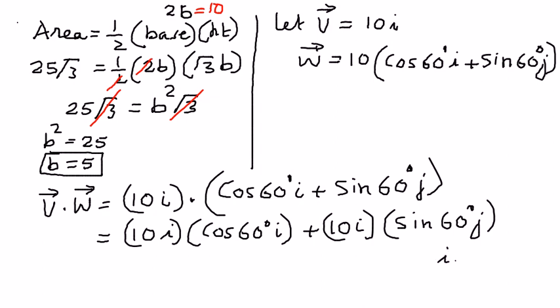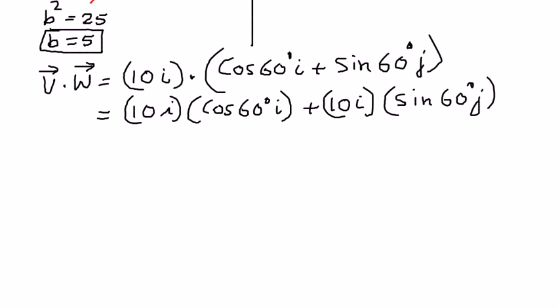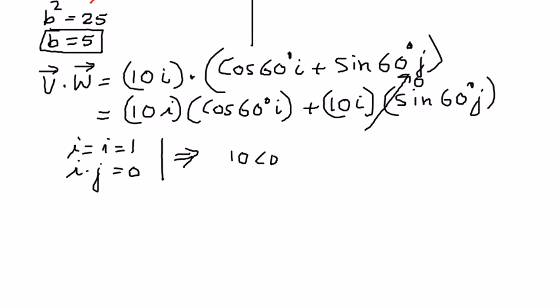Since we know that i dot i is equal to 1 and i dot j, or j dot i, equals 0, we're going to use that information, and then this goes to 0, and therefore this becomes 10 cosine 60 degrees.